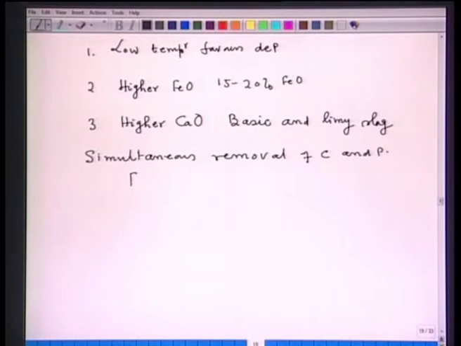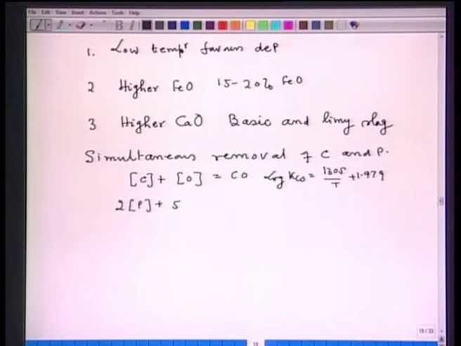For that, we write down the reaction C plus O equal to CO. Let us put log of KCO equal to 1305 upon T plus 1.979. Then I will write down 2P plus 5O equal to P2O5, and log of Kp equal to 38,668 upon T minus 27.96.